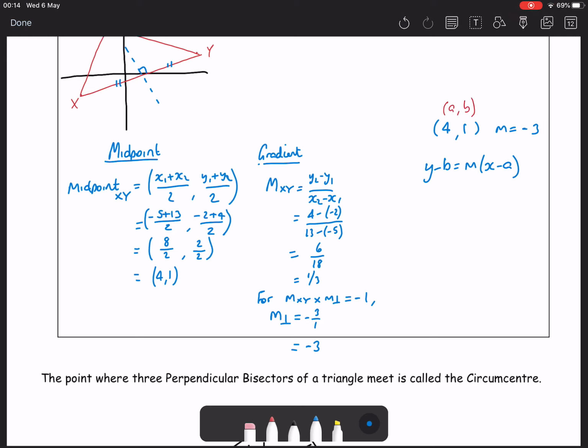So let y minus 1 is equal to -3(x minus 4), y minus 1 equals -3x plus 12. If I add 1 to both sides, y must equal -3x plus 13.